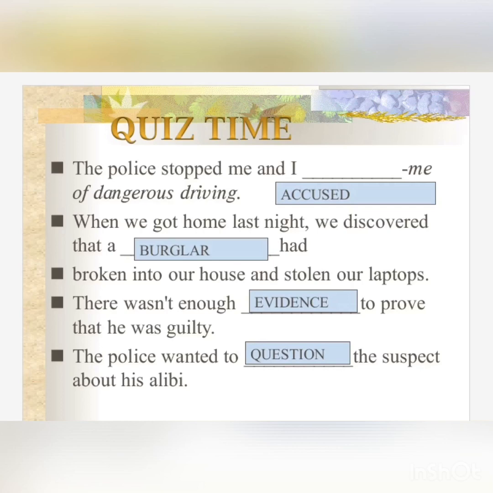When we got home last night, we discovered that a burglar had broken into our house and stolen our laptop. Okay, you are right. And next one, there wasn't enough evidence to prove that he was guilty. The next one is, the police wanted to question the suspect about his alibi. Great, you are right, you got it.